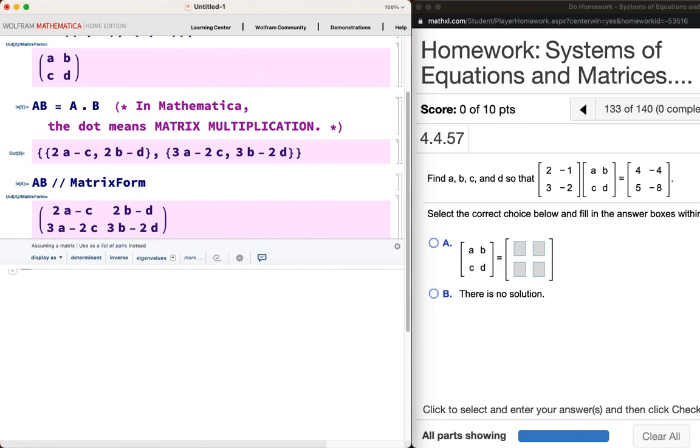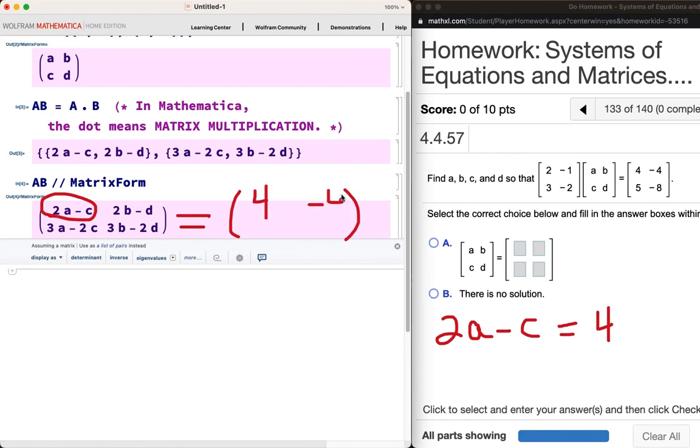Okay, so these are the equations that we have now. We have 2a minus c is equal to 4. This is supposed to be equal to the matrix 4, -4, 5, -8.